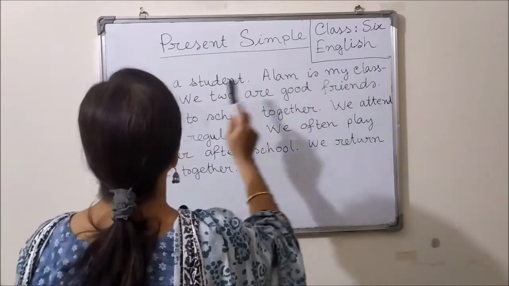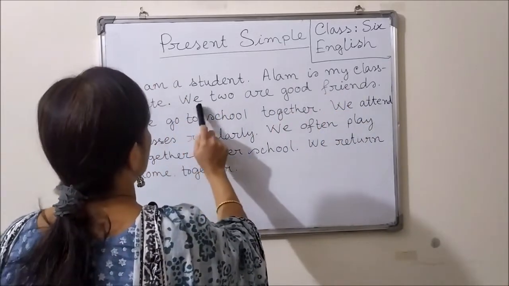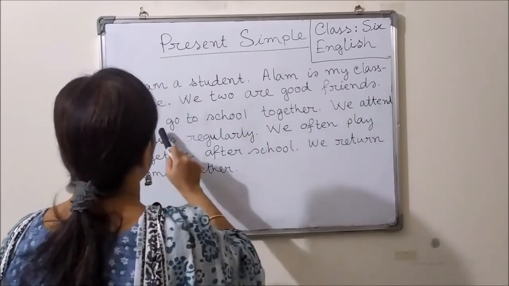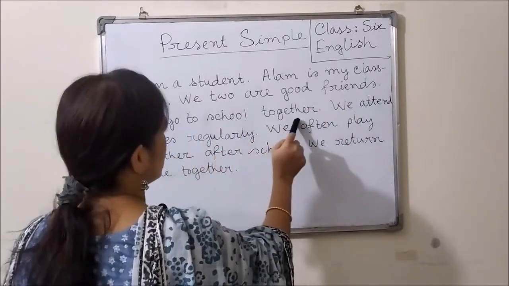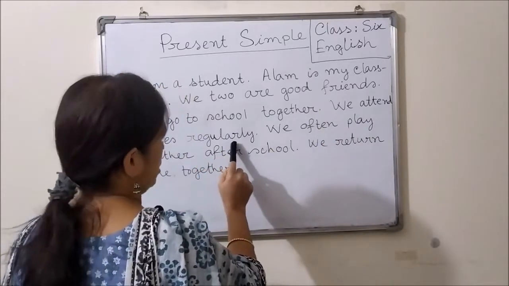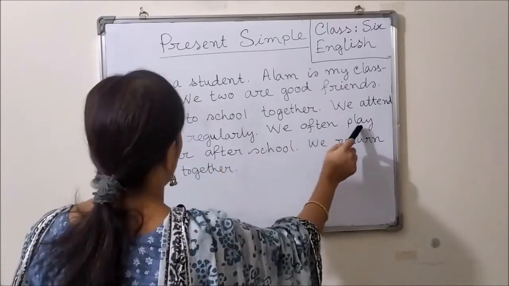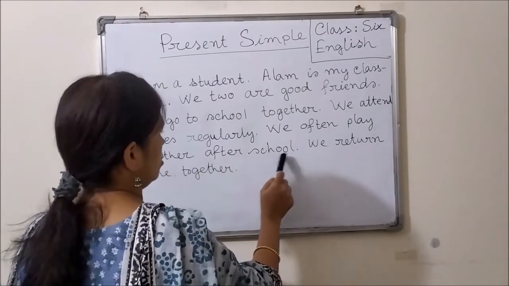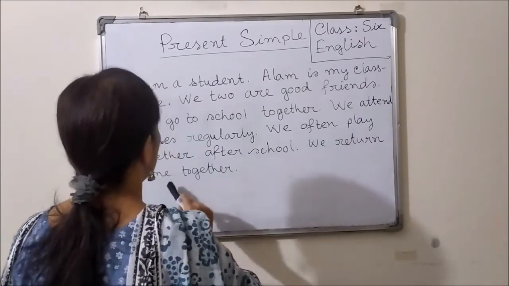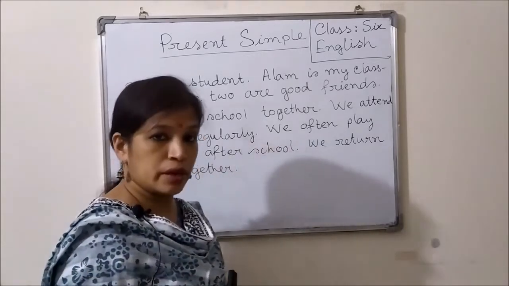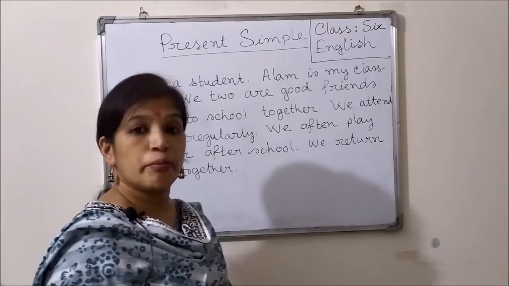Alom is my classmate. We two are good friends. We go to school together. We attend classes regularly. We often play together after school. We return home together. Okay dear learners, we have read the passage.